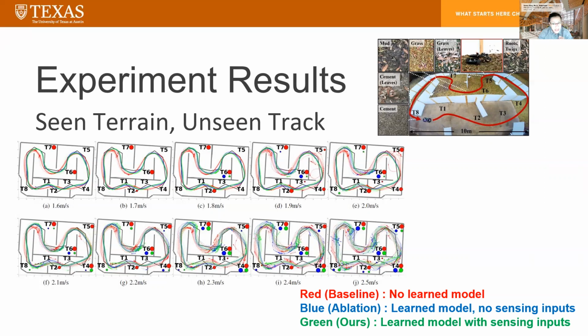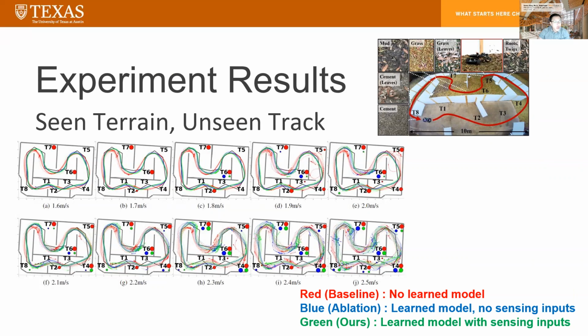We want to show that the sensor observation inputs are very important to learn terrain-specific modifications of the kinodynamic function. So this blue approach may not work very well because it treats all the terrains as the same using one single learned model. And the last one, shown in green, is our learned model with sensor observation inputs.